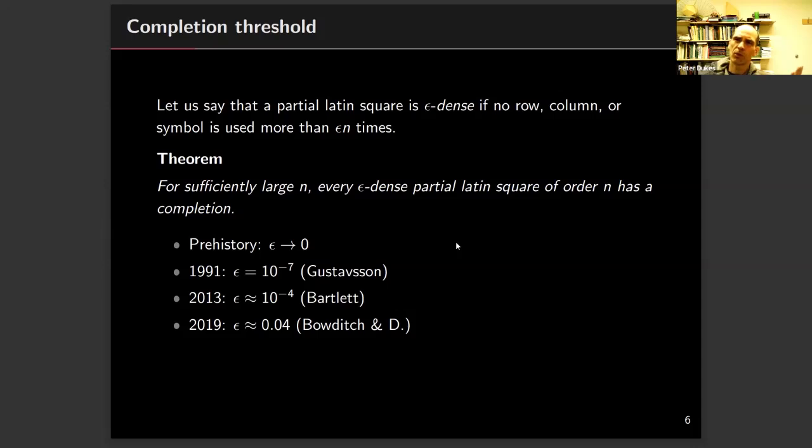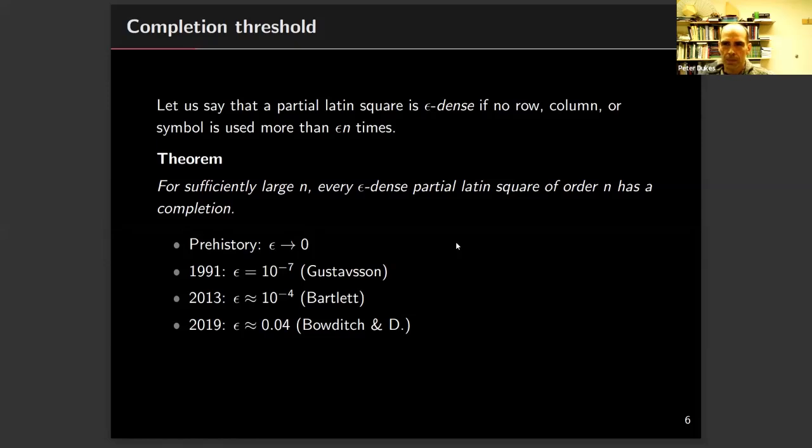But the first time that a positive epsilon was obtained for a theorem of this type was in 1991 in the thesis of Gustafson. And epsilon was pretty small, 10 to the minus 7. That was part of a larger work of Gustafson's on completing more general structures and triangle decompositions as well.